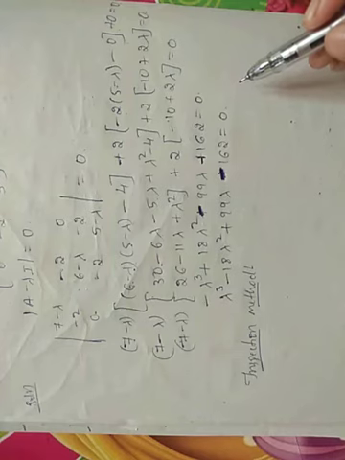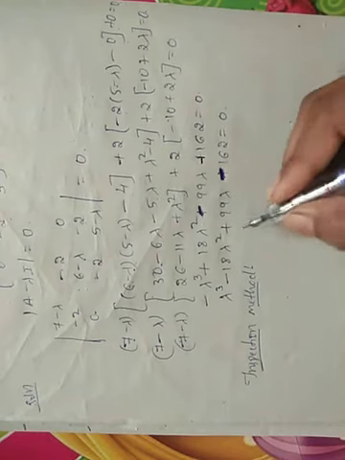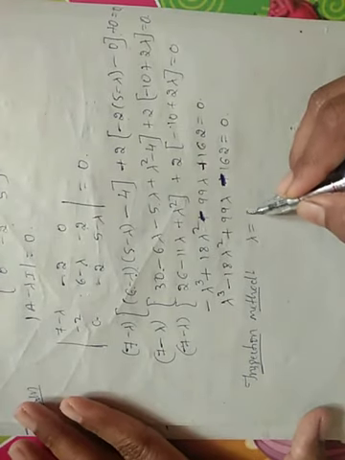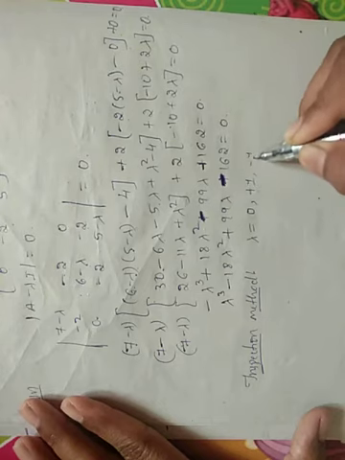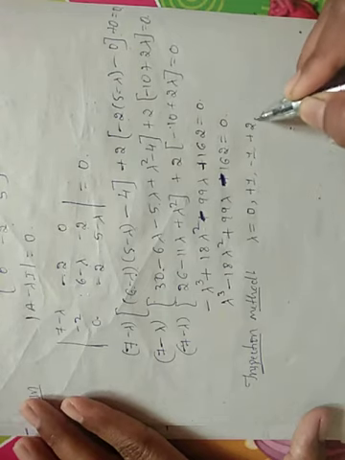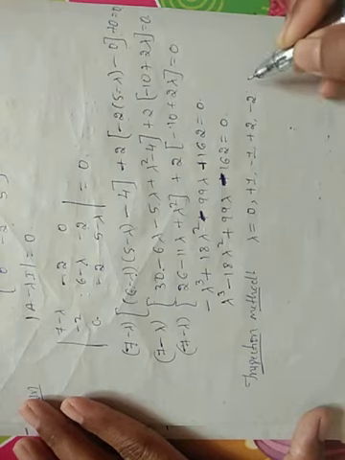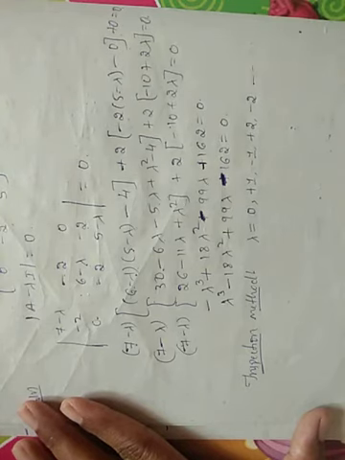That one value of lambda will be found by the inspection method. The inspection method means we start assuming values of lambda, taking 0, plus 1, minus 1, plus 2, minus 2, plus 3, minus 3, and so on.